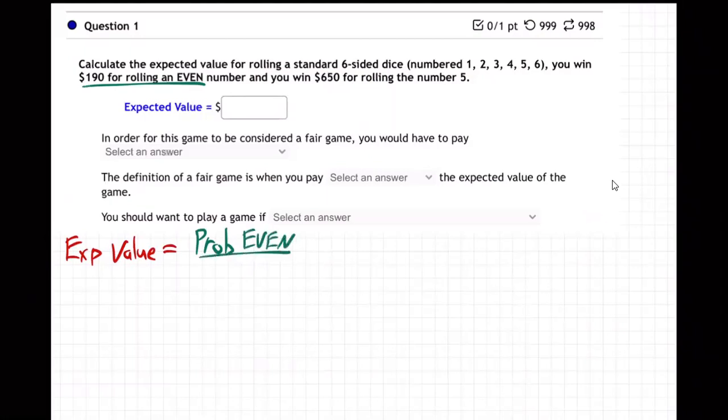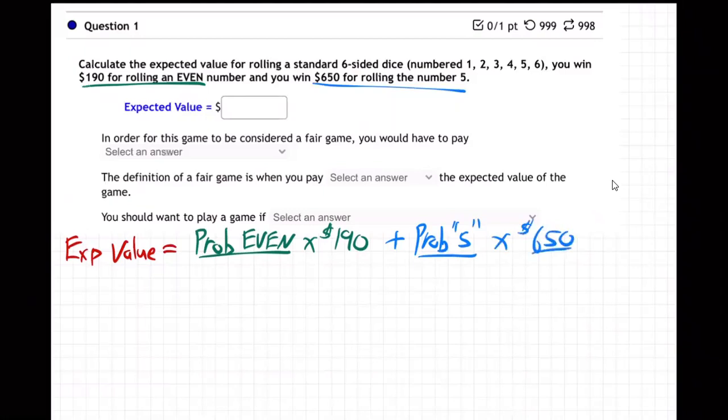Times $190, because that's the value. Plus, and then it's the probability, what comes next? Oh, roll 5, probability of getting a 5, times, and what's the money for that? $650. So that's what we need to figure out.